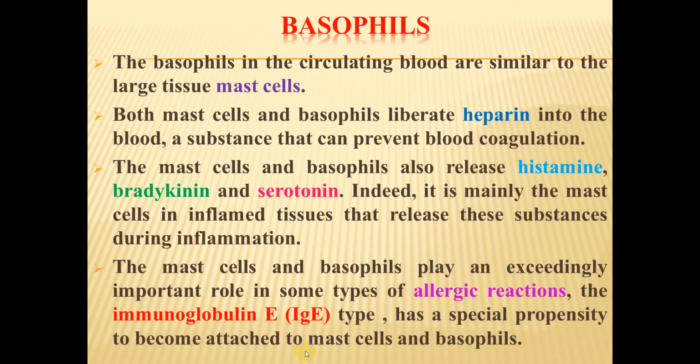And then eosinophil effect is mainly against parasite with a little extent in the allergic reaction, while the basophil has the main role in allergic reaction, with its active role releasing histamine, bradykinin, and serotonin, and heparin, with assistance of the mast cell which is present in the tissues.